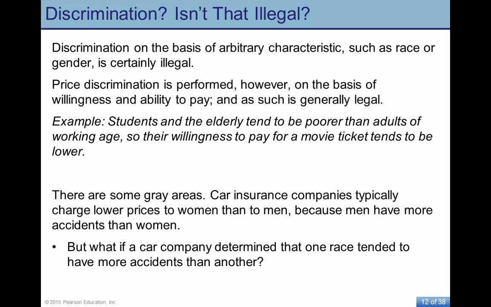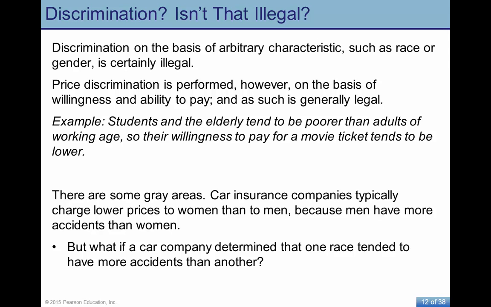For example, students and the elderly tend to be poorer than adults of working age, so their willingness to pay for a movie ticket tends to be lower.